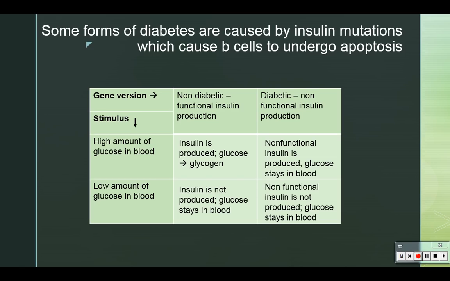So in this case, we have one effect from three different causes. In each case, glucose stays in your blood, but in one case, insulin is not produced, in one case, non-functional insulin is not produced, and in one case, non-functional insulin is produced. And this is the problem here with diabetes. Because here, it doesn't matter that it wasn't functional because you wanted the glucose in your blood. This is where there's a problem.